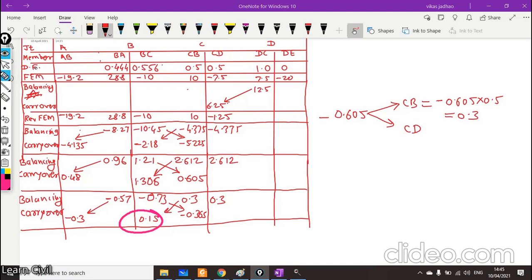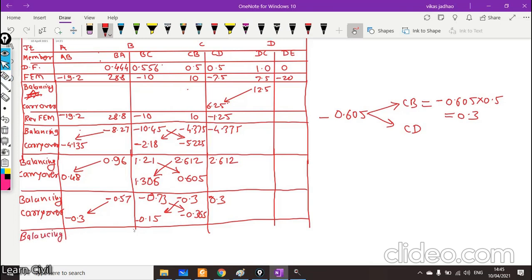Sorry, this will be minus, just a minute. Yeah, these values will be minus. So you can see here we are having unbalanced moment of minus 0.15 here at joint B, and minus 0.365 at joint C. Okay, so again we have to go for balancing.